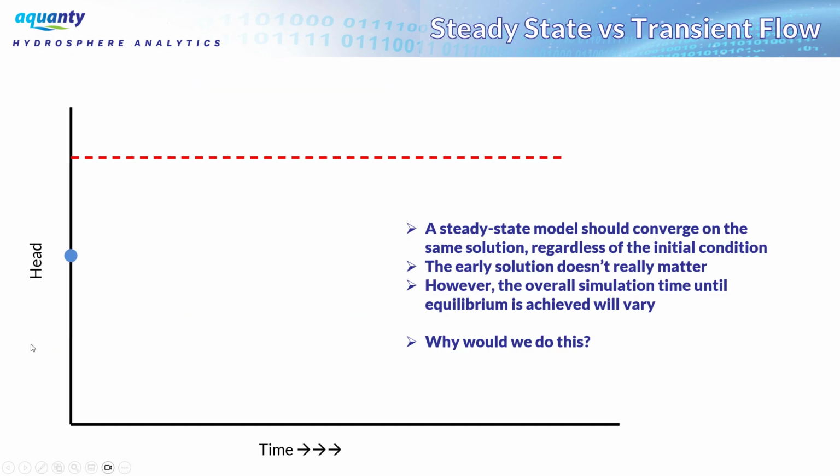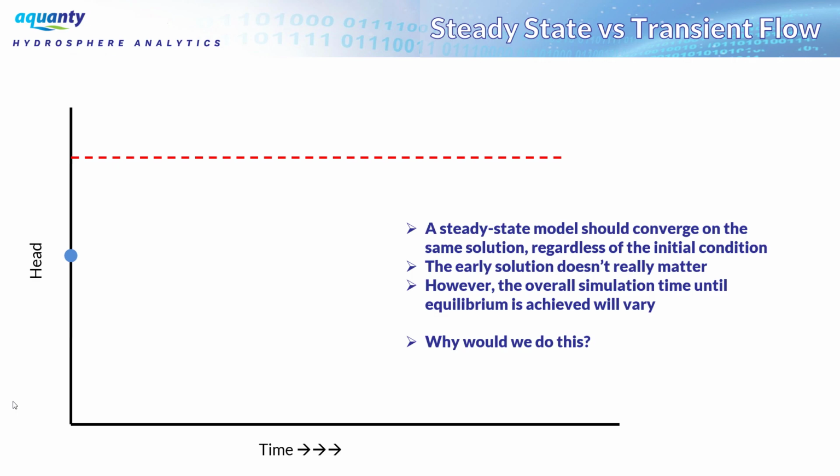So the best way to come up with an initial condition for model runs is generally to run your model until you produce a long-term pseudo-equilibrium, quote-unquote, steady-state solution, which can then be used as the initial condition for subsequent model runs.